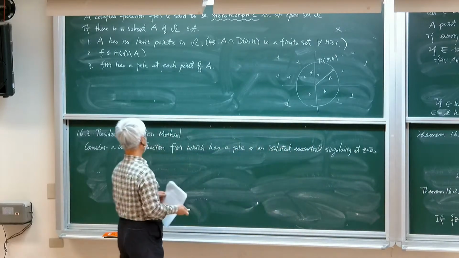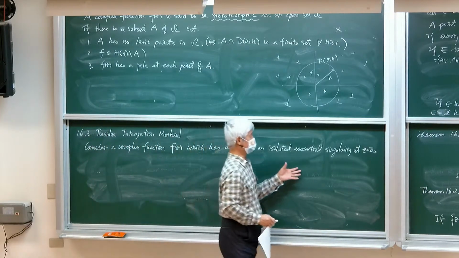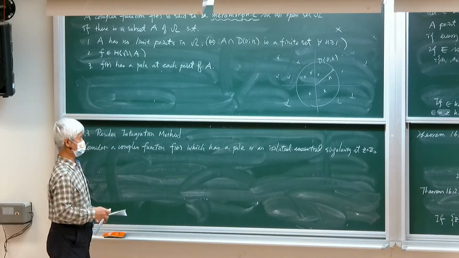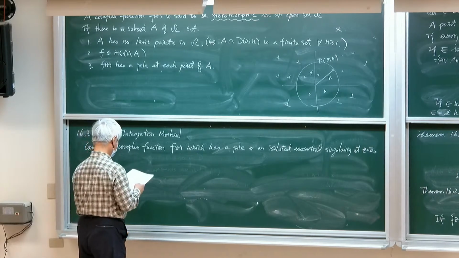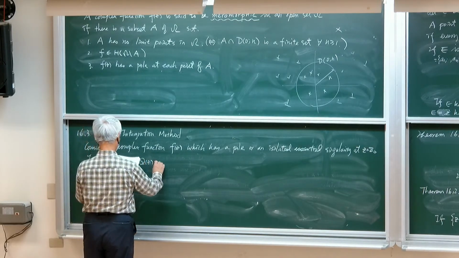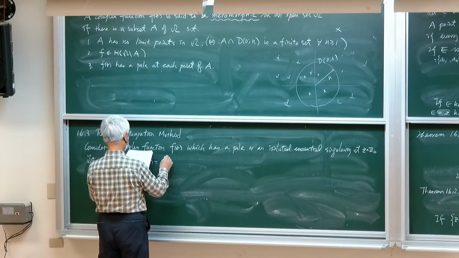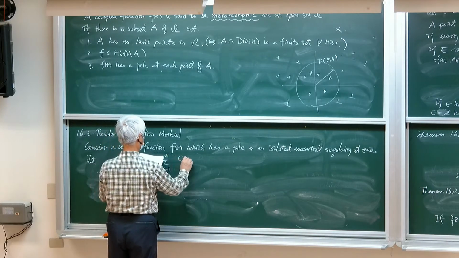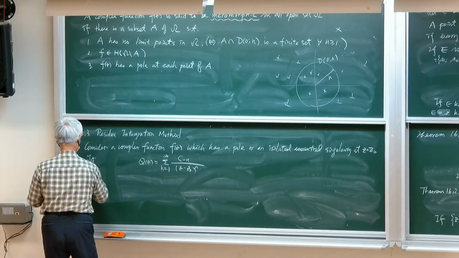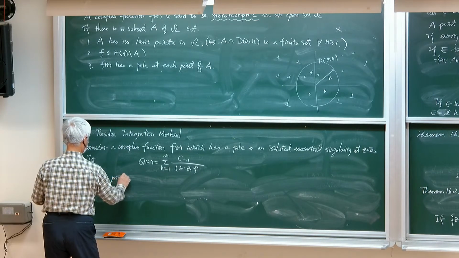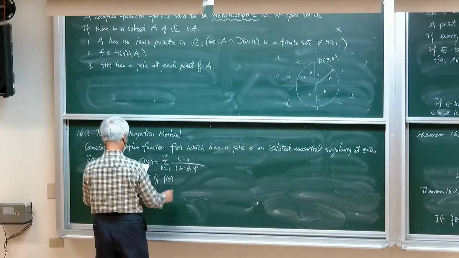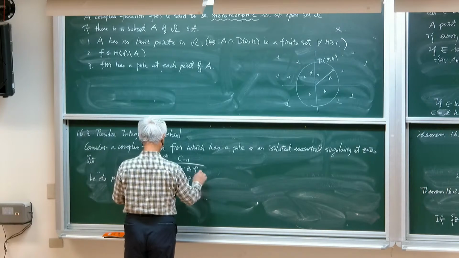So basically, f of z has an isolated singularity at z equals z0, and this isolated singularity may be a pole or an isolated essential singular point. And we let q of z be its principal part, as we defined previously, the principal part of f of z at this singular point z0.